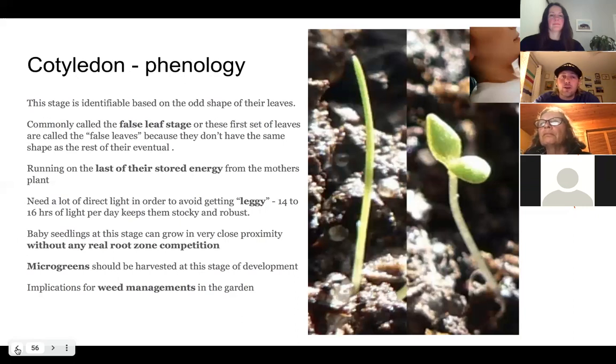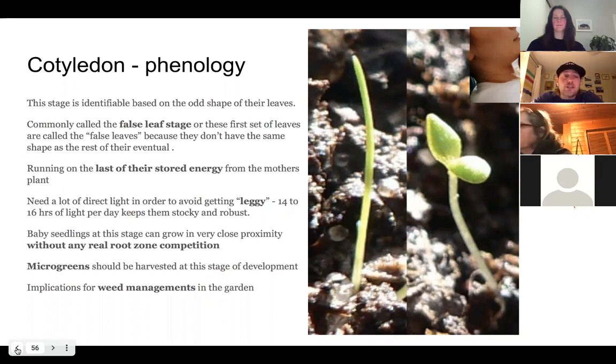We could call it the cotyledon stage for the first cotyledons that come out of the seed coat, but most common gardeners just call it the false leaf stage because the leaves do not look like what the eventual mature leaves will look like. And so that's how we identify this stage.